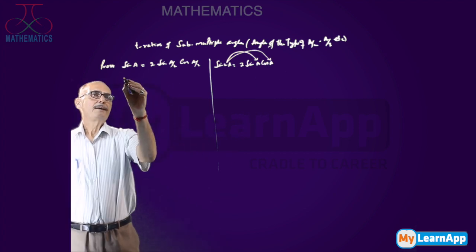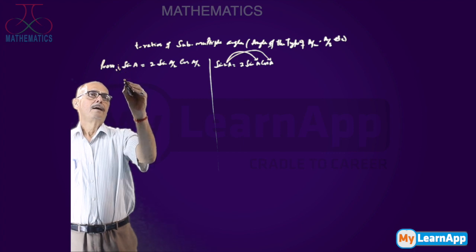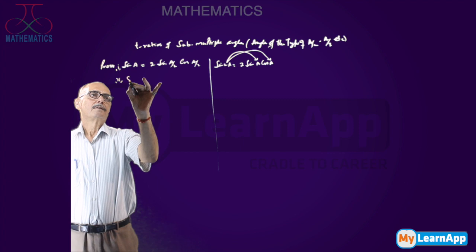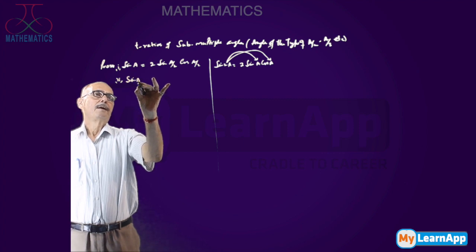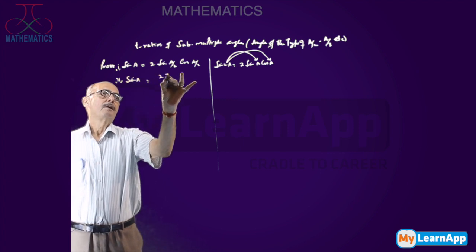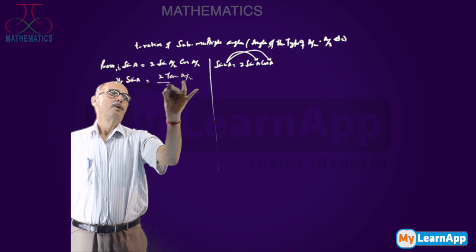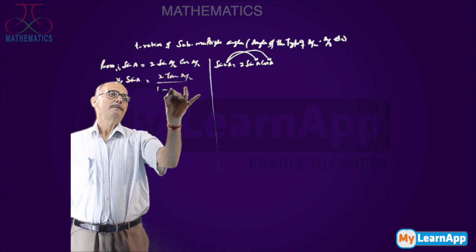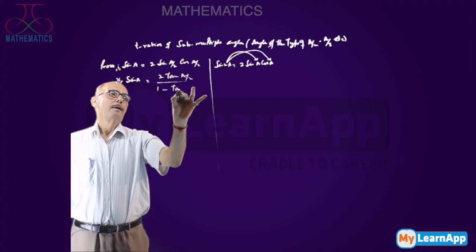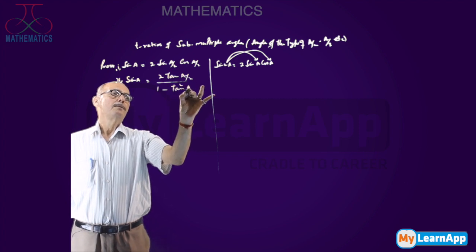And then we have sine of A equal to twice tan of A by 2 upon 1 plus tan square A by 2.